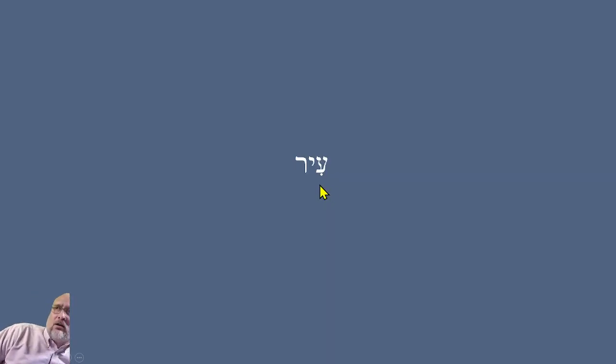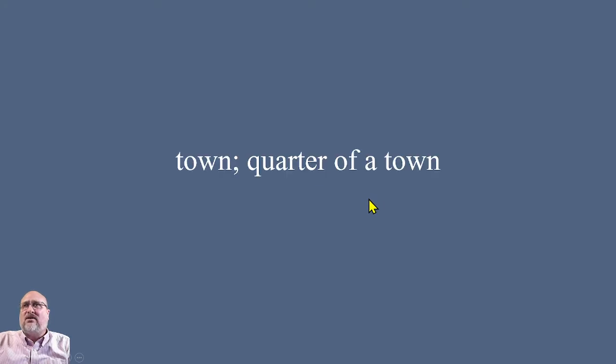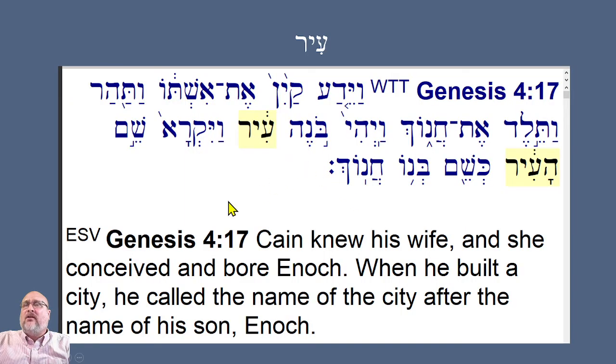All right, ir. And I guess if we're trying to do the ions, we would try to make that a little harder, guttural. It's town. And here's a place where it's used. And Cain knew his wife, and she conceived, and she brought forth Enoch, and he was building, I think maybe this goes back to Cain, and he was building Ir.